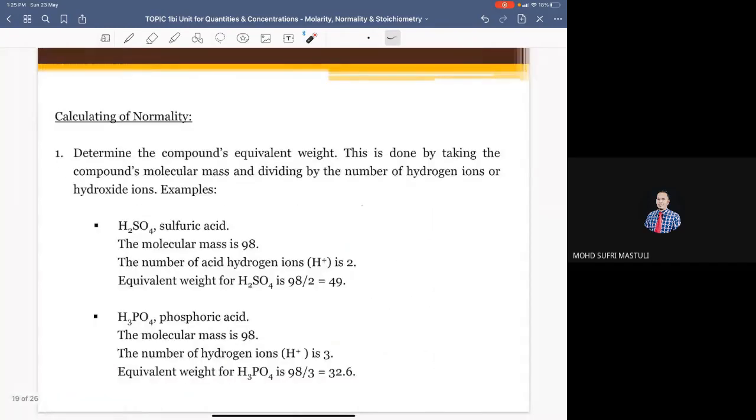In this case the reacting unit is 2. So 98 divided by 2, you obtain the equivalent weight, or equivalent mass, 49.